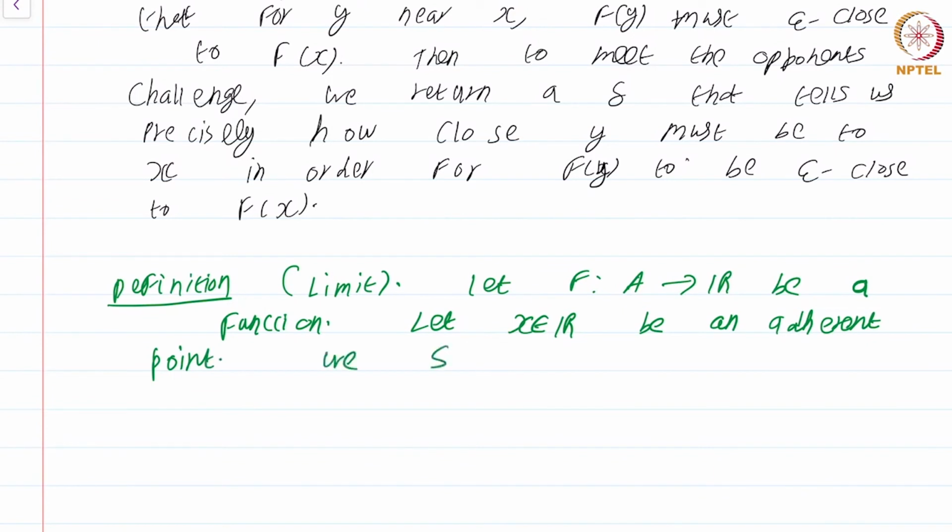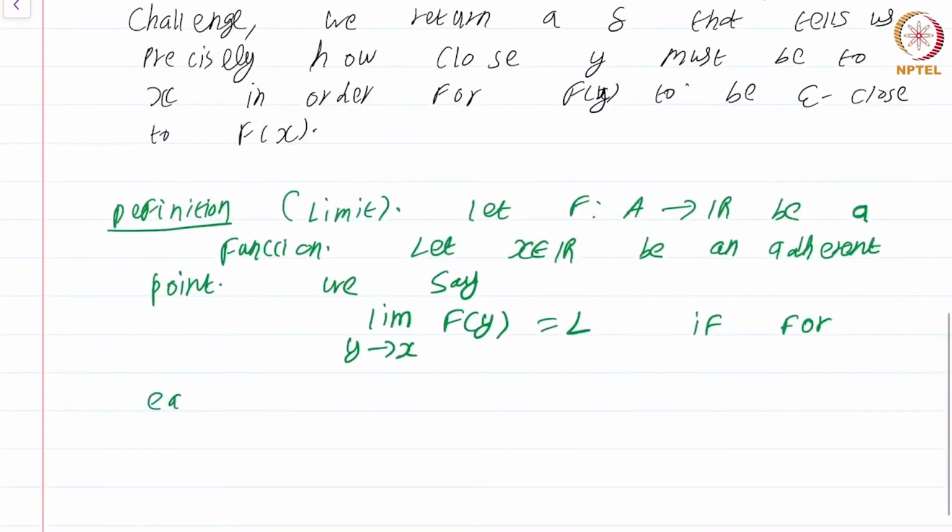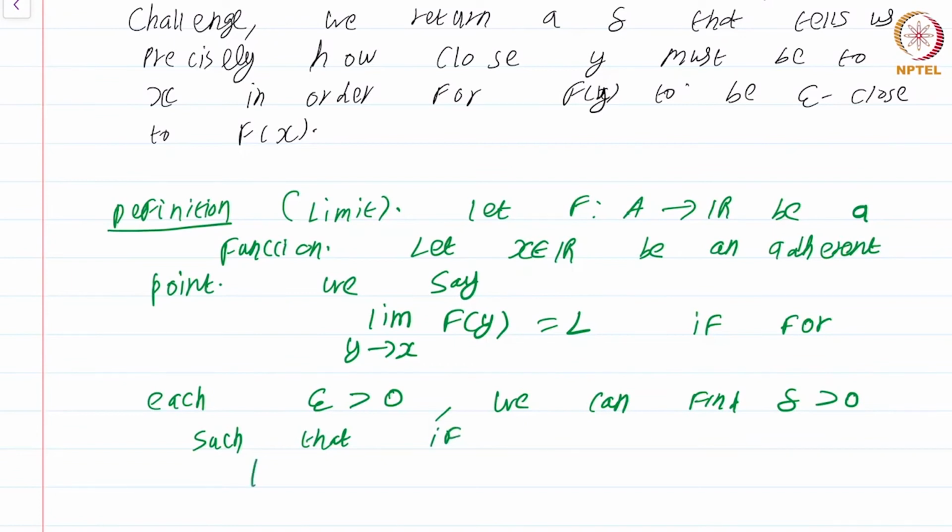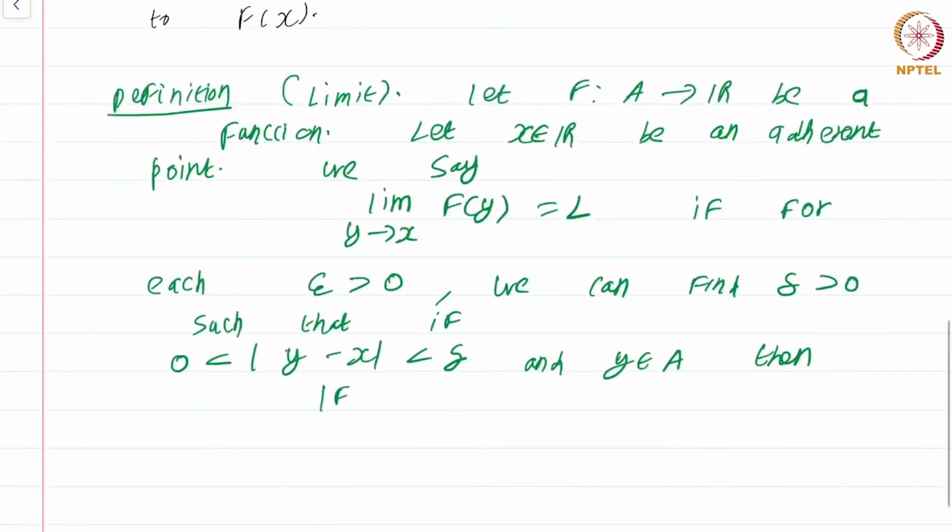We say limit y going to x of f of y equals L if for each epsilon greater than 0 we can find delta greater than 0 such that if mod y minus x is less than delta but greater than 0, and y is in A, then mod f of y minus f of x is less than epsilon.